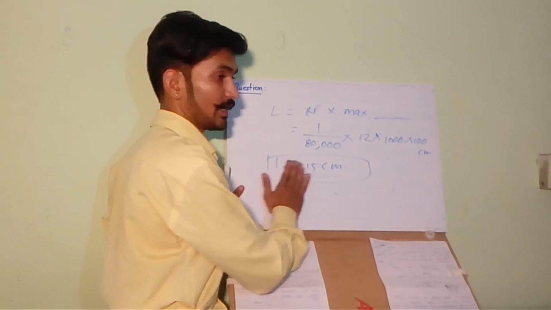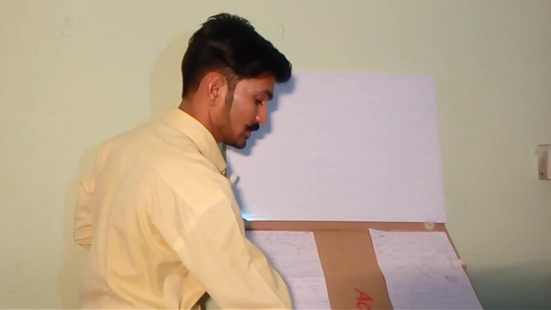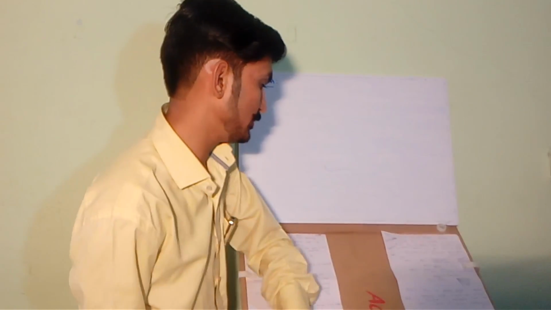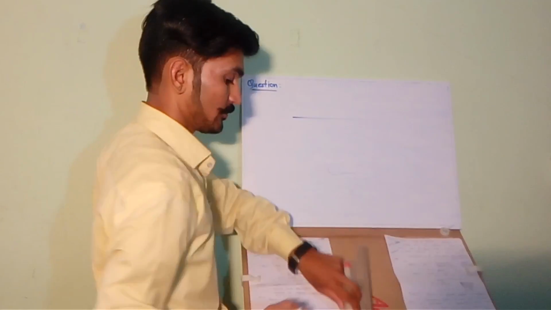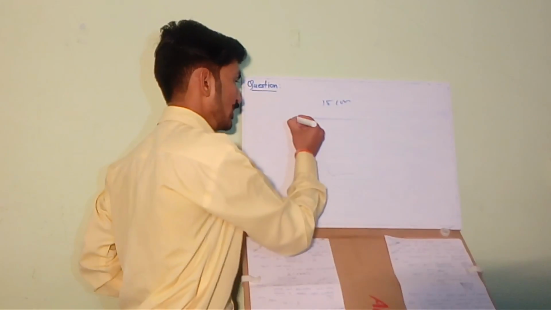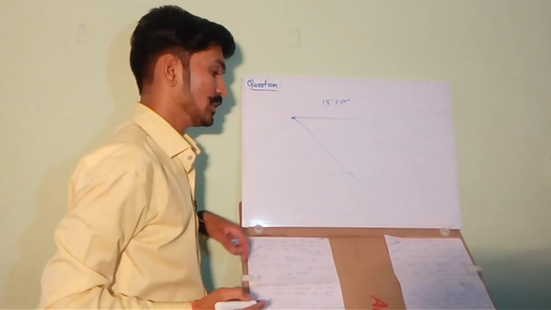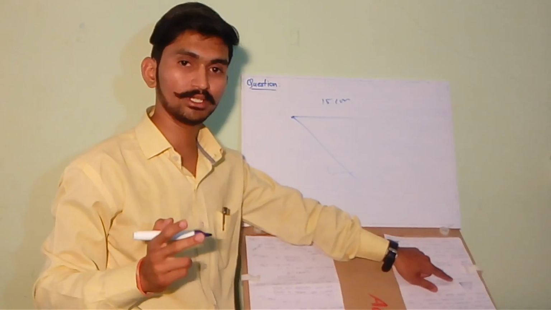Now it is very easy to draw the scale. Take a line of 15 centimeter. Take a point firstly, then draw a 15 centimeter long line. Again draw another line. Now you have to calculate up to 12 meters.